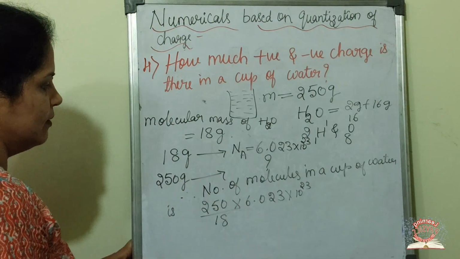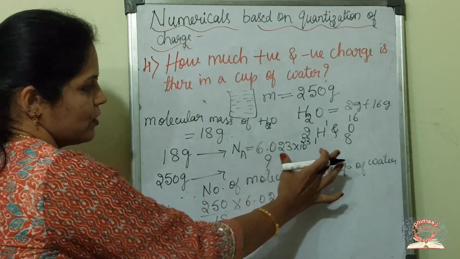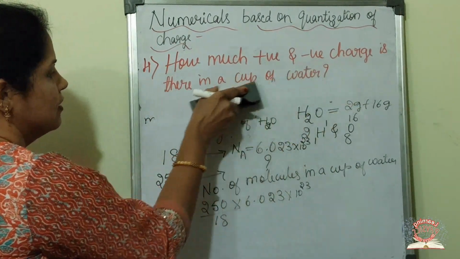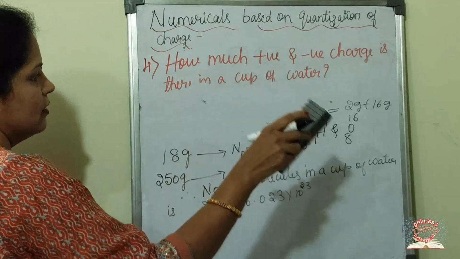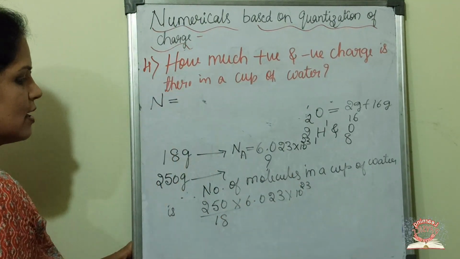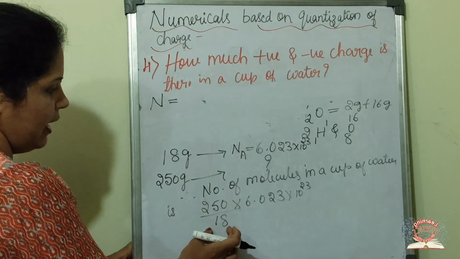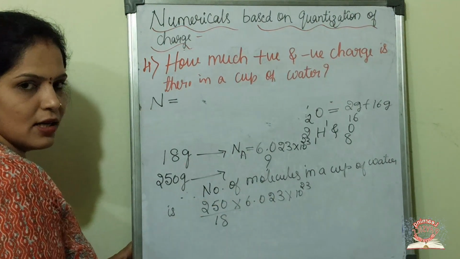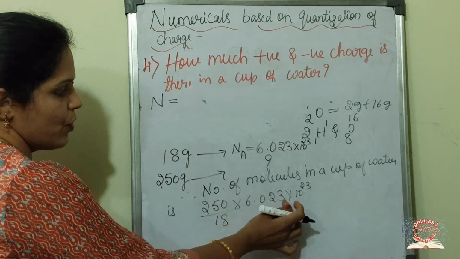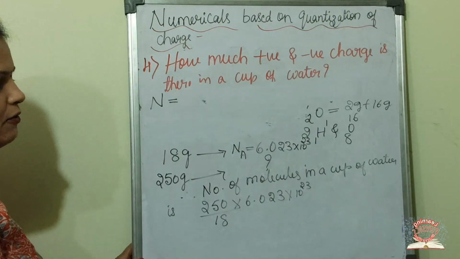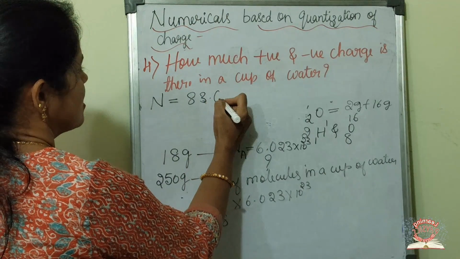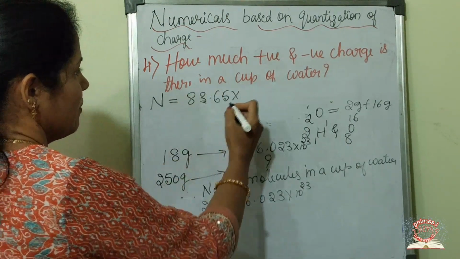Gram cancels. So the number of molecules in a cup of water is 250 divided by 18, multiplied by 6.023 into 10 to the power 23. Take a calculator and calculate this. Then the number is 83.65 into 10 to the power 23.